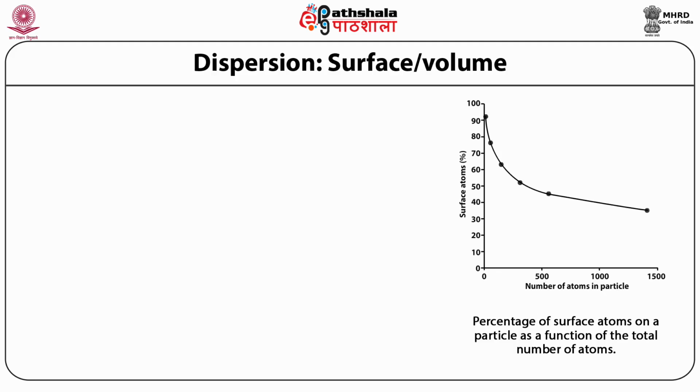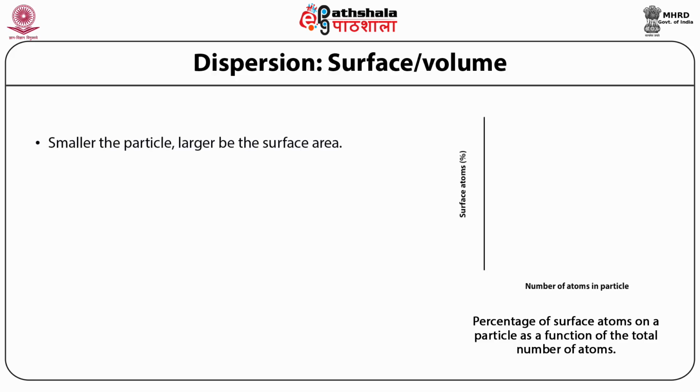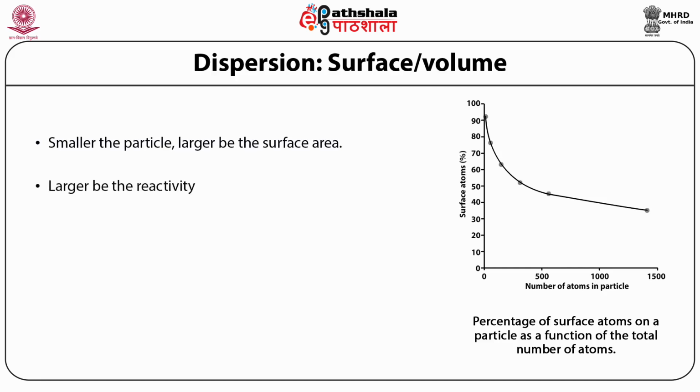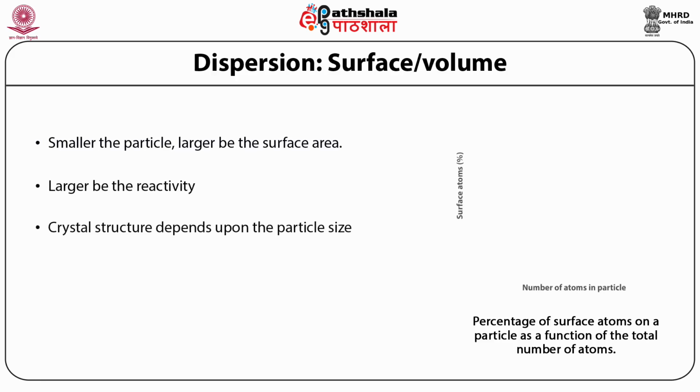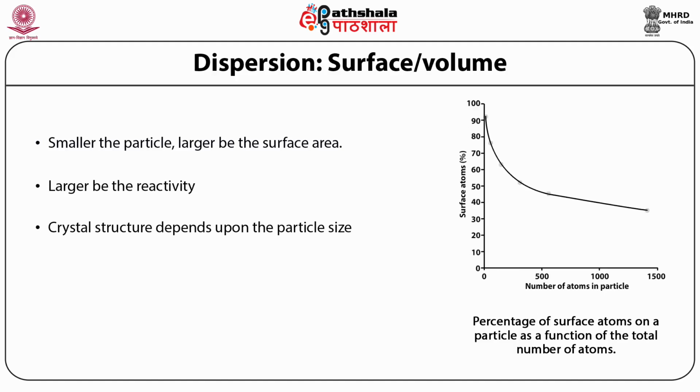So this percentage is continuously decreasing with the total number of atoms. So this concludes that smaller the particle, larger be the surface area, larger be the reactivity, and the crystal structure depends upon the particle size.